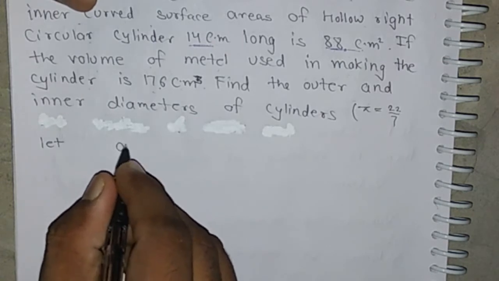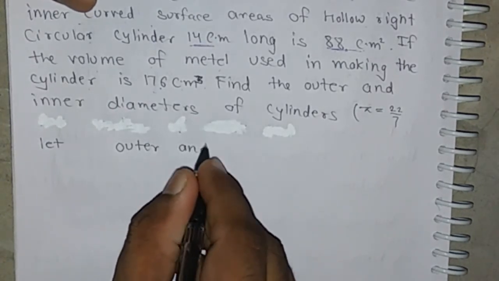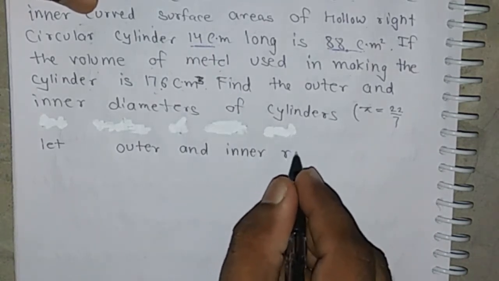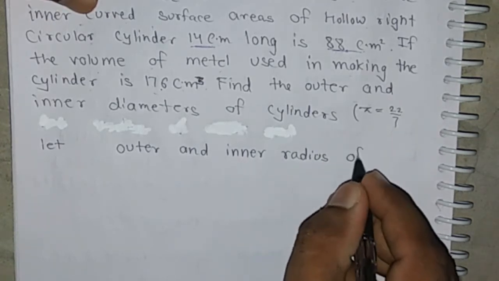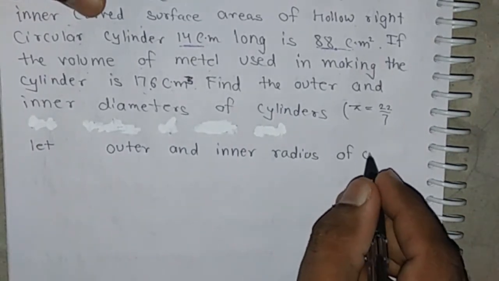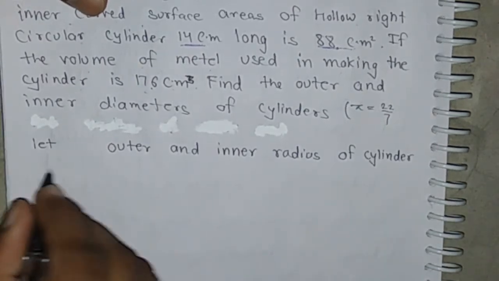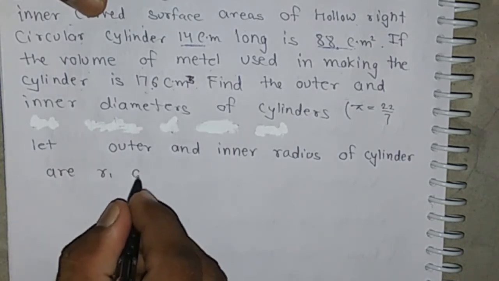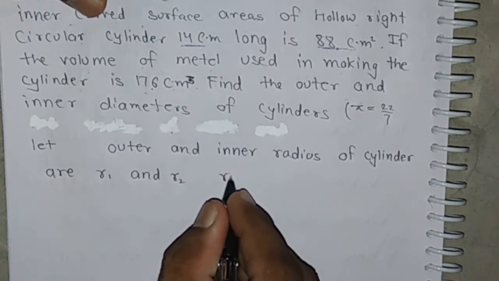Now let the outer and inner radius of the cylinder be R1 and R2 respectively.